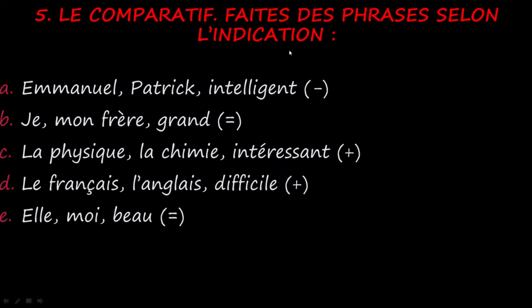So then comes this thing. If you got a minus symbol, we'll be using moins, M-O-I-N-S. If you got an is equal to symbol, we'll be using aussi, A-U-S-S-I. If you got a plus symbol, we'll be using P-L-U-S, plus.